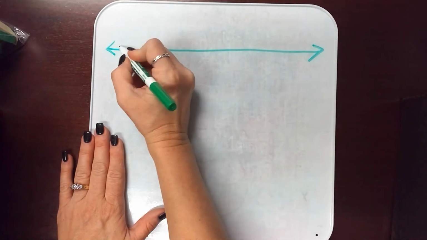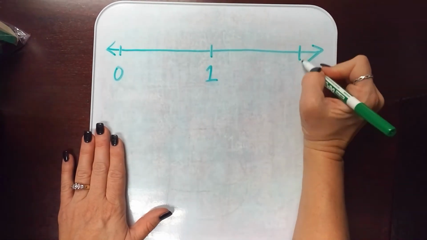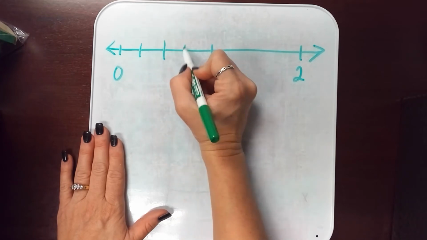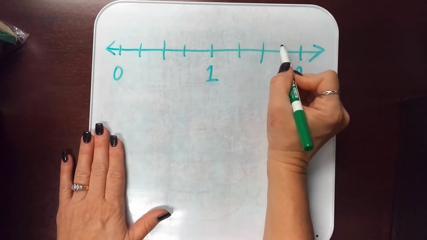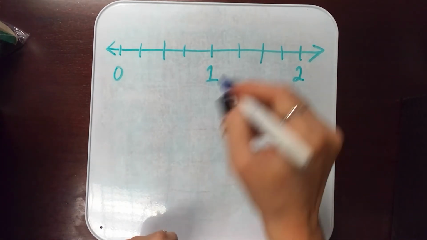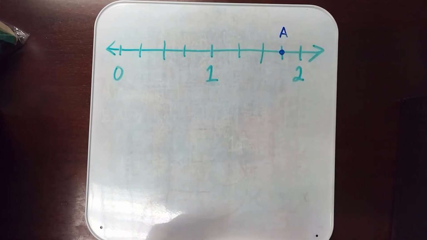So, for instance, if I have 0, 1, and 2, and this is broken up into 4 equal pieces, and I want to know what this point is on the number line, the strategy that we teach students for this is to actually create a fraction model.